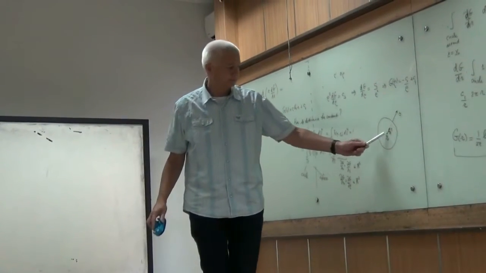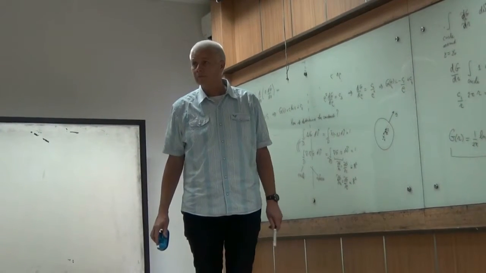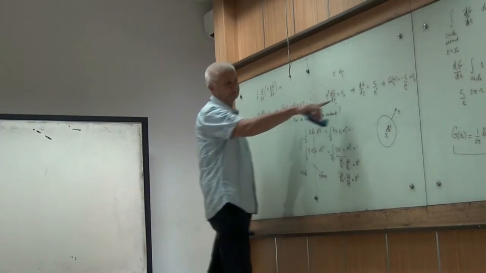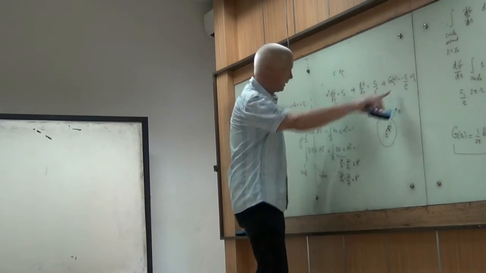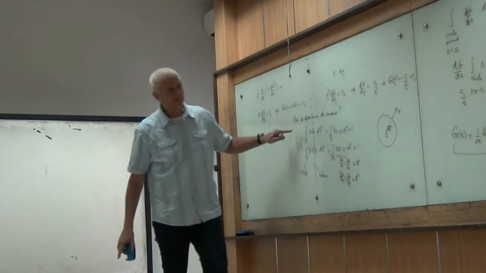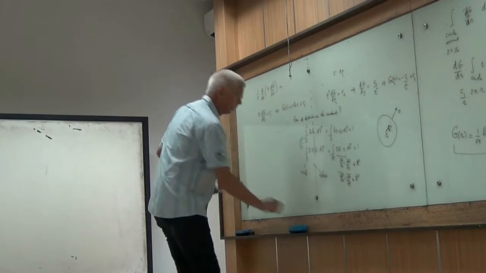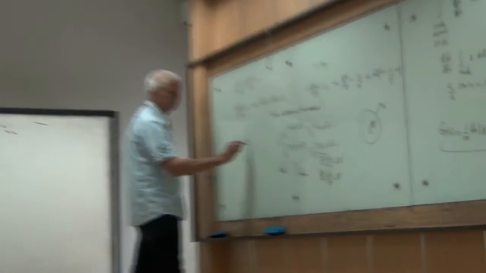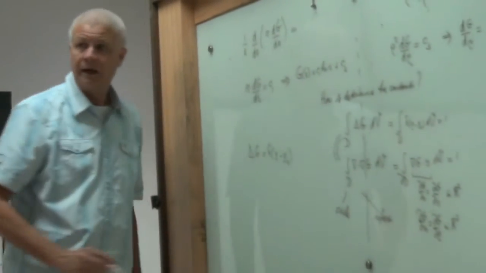Where did I write it down? Here. I only want to determine the constants. And I have my differential equation, which is Laplace G is the delta function. I can do with it what I like.